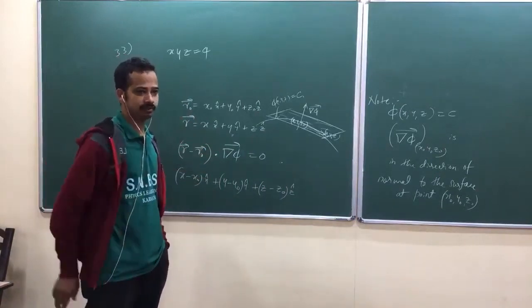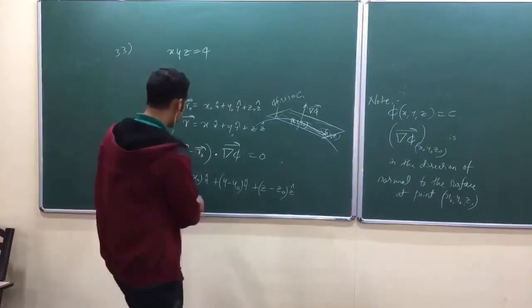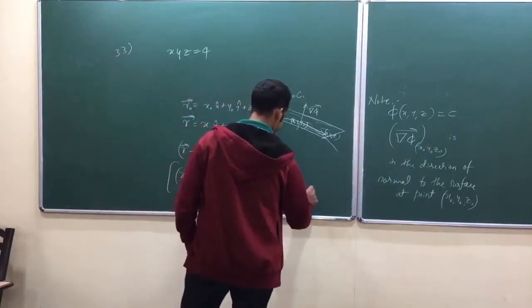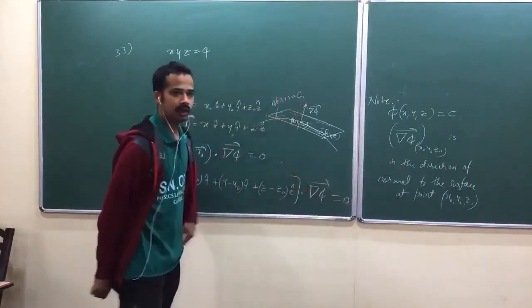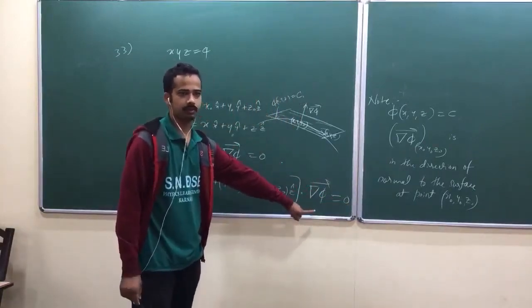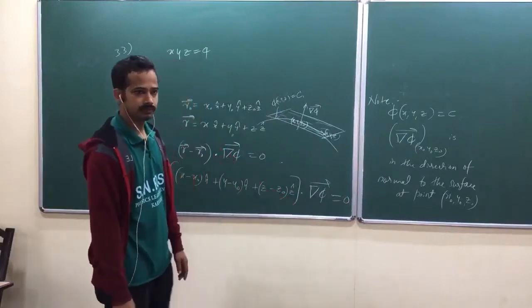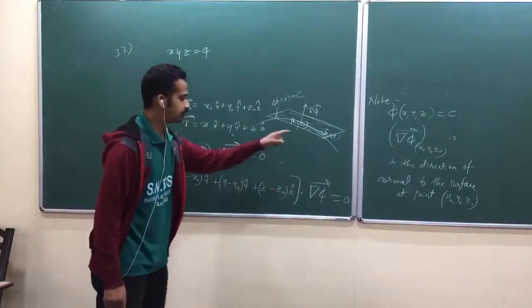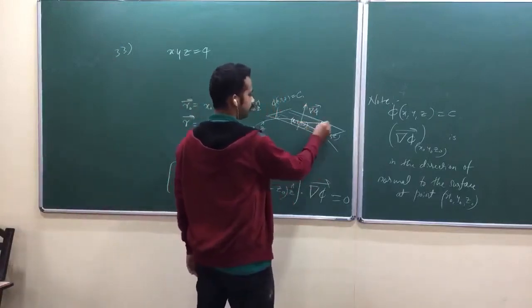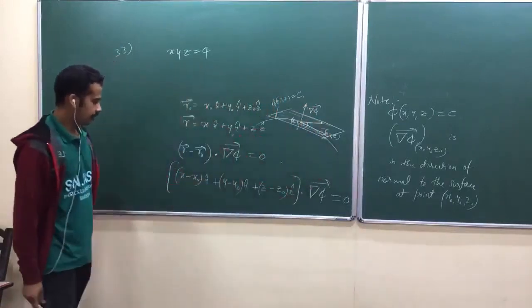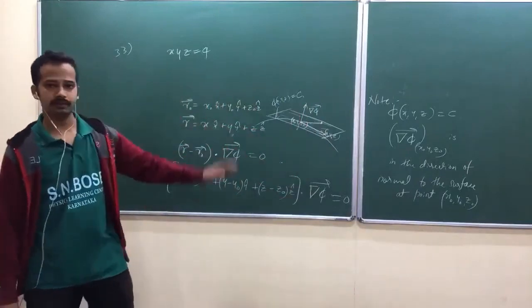That is the meaning of tangent plane. Is that okay? So dot product with del phi is equal to 0. We call this one the normal actually. This is normal to the plane. x, y, z is any arbitrary point on the plane. You can take any other arbitrary point. Remember, these two will be perpendicular. And x0, y0, z0 is the point of interest.